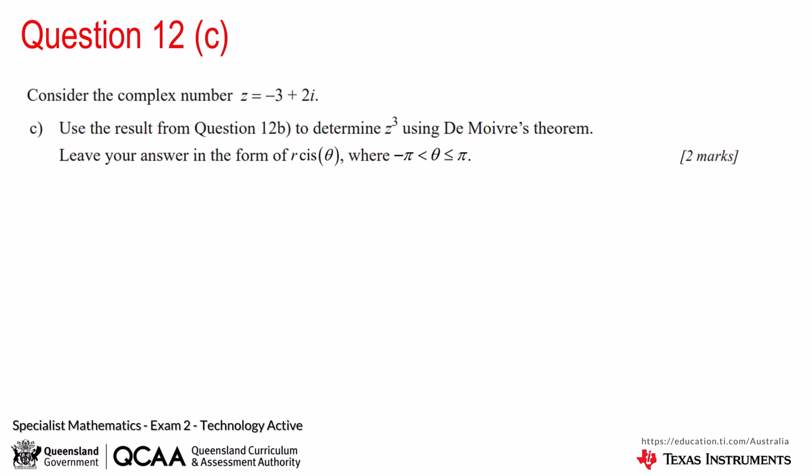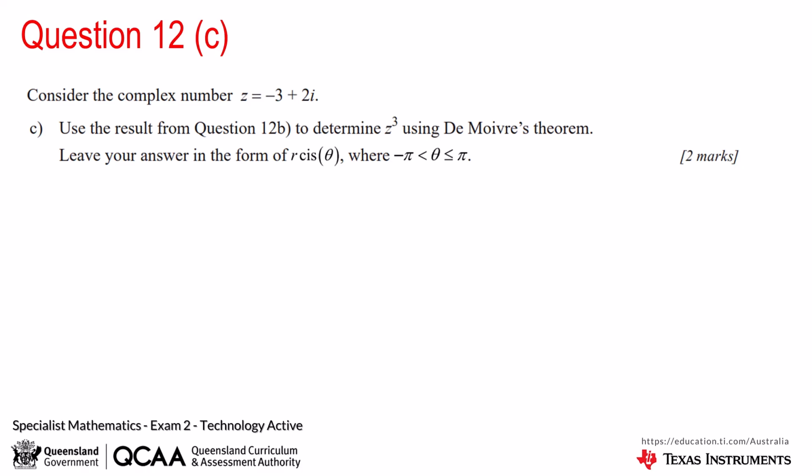Now let's express this correct to 2 decimal places. So z cubed is 46.87 cis 1.38, correct to 2 decimal places, where that argument or angle 1.38 lies between negative pi and pi.